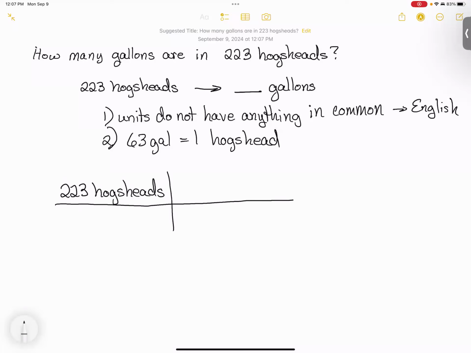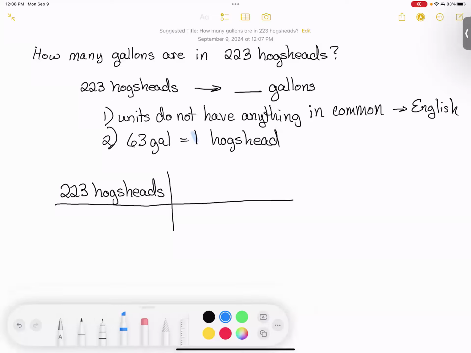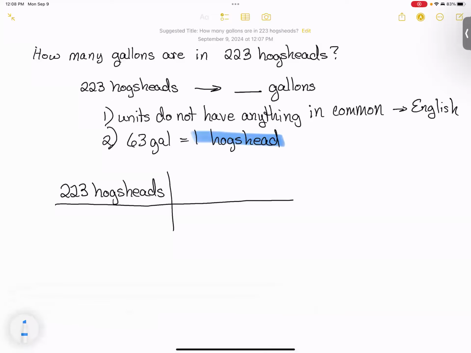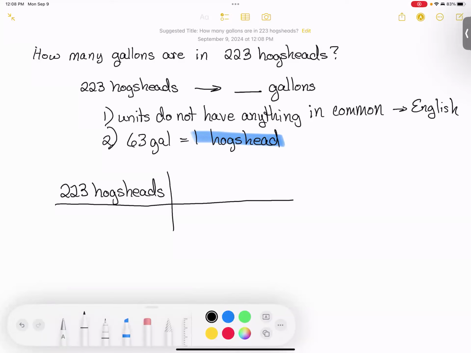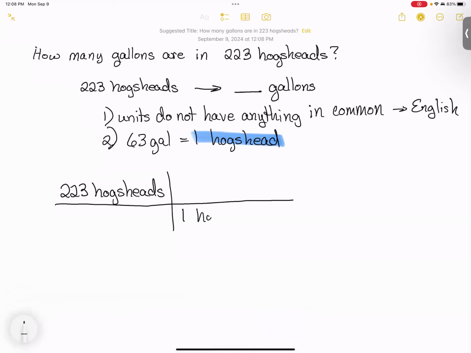So looking at this equality, that means that I'm going to take and put the one hogshead into the denominator. The hogshead went into the denominator so that the unit canceled.